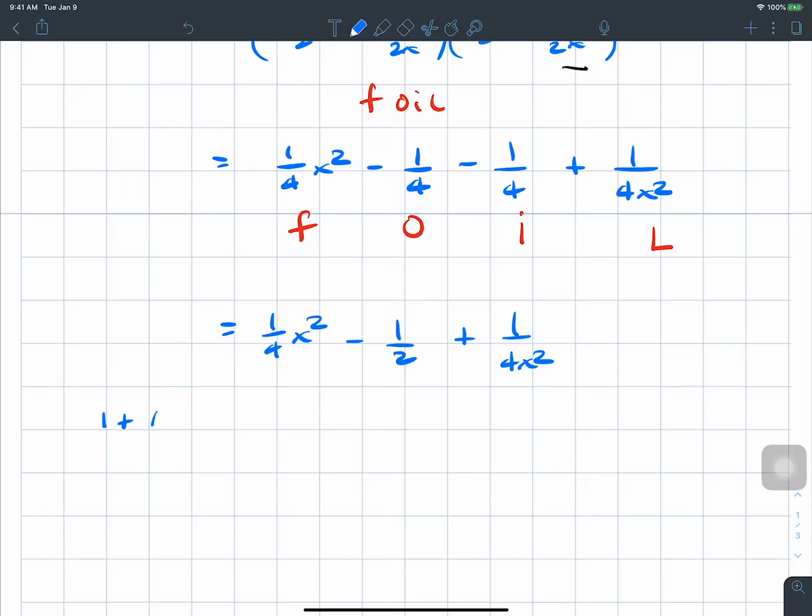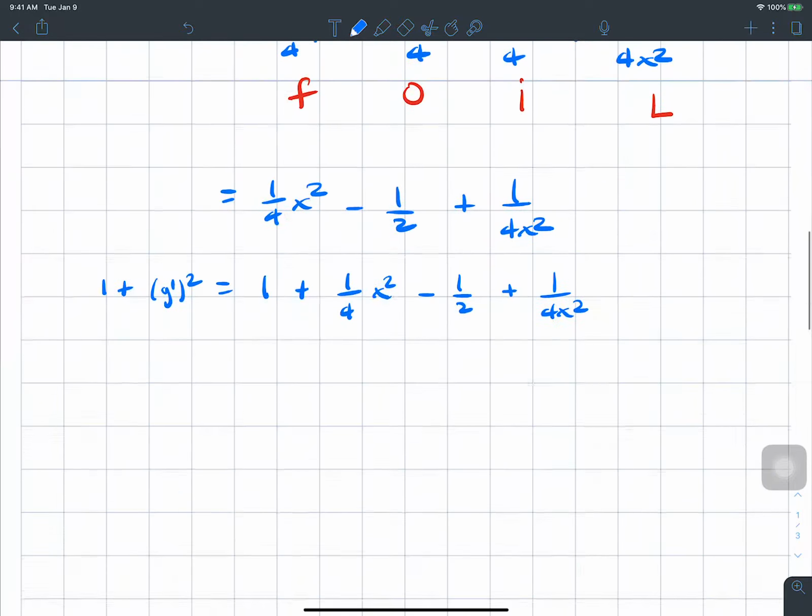So we say 1 plus that y prime squared becomes 1 plus 1/4 x squared minus 1/2 plus 1 over 4x squared. And then doing my arithmetic here, because 1 really becomes 2 over 2, we'll have 1/2 plus 1/4 x squared plus 1 over 4x squared. Now, students say, okay, I see this is what we get.